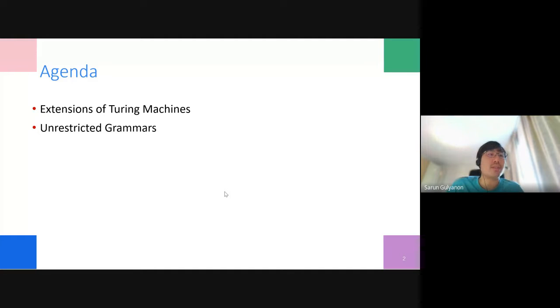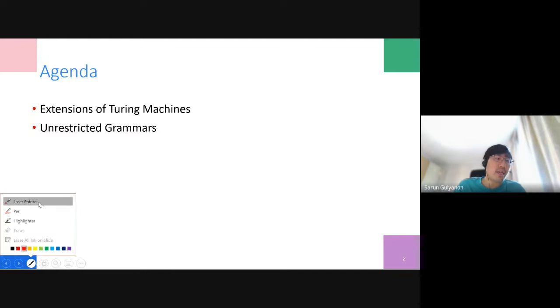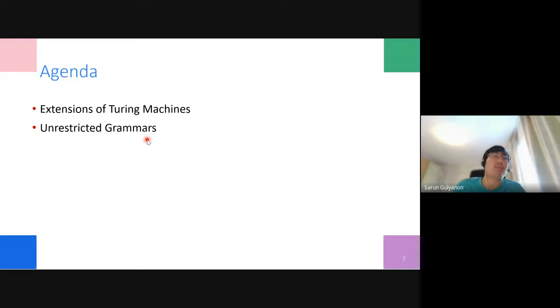Then at the end, we will look at another grammar, called the unrestricted grammar, which can describe the recursively enumerable languages.